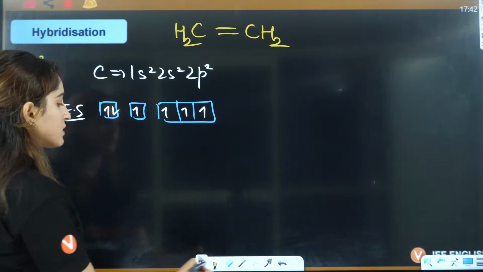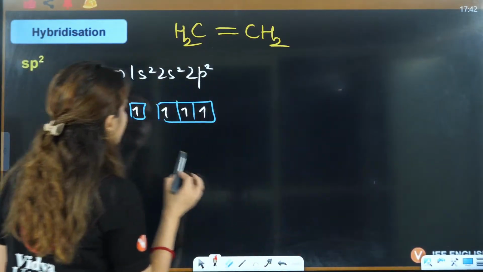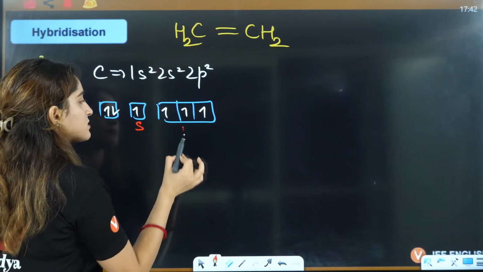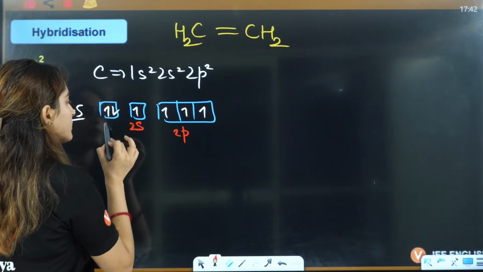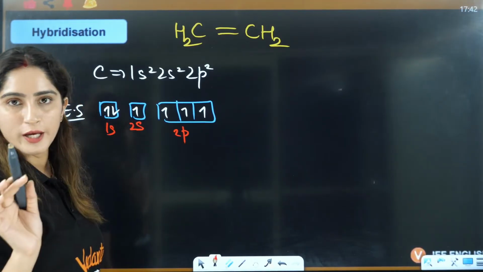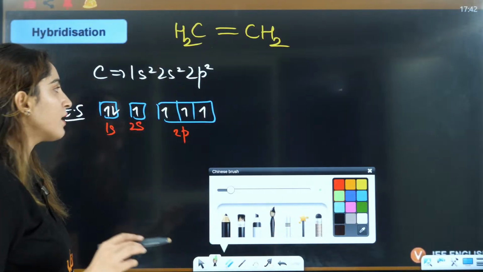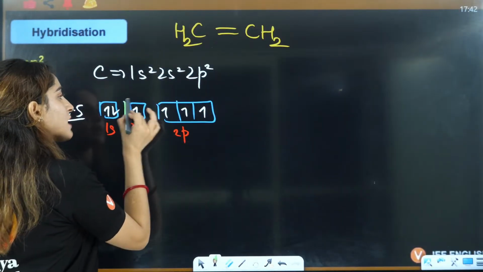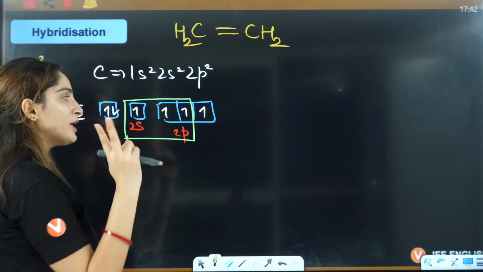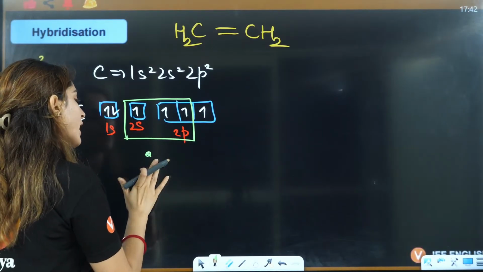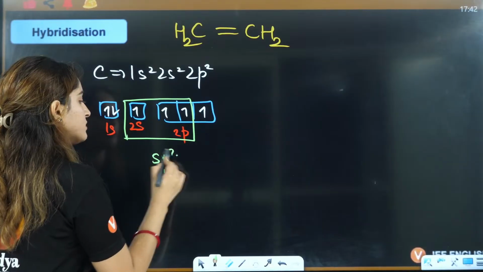Now if you see this here, what will happen? This is 2S, this is 2P, this is 1S. 1S is not going to take part. 2S and 2P are going to take part, and they are going to form sp2 orbitals.